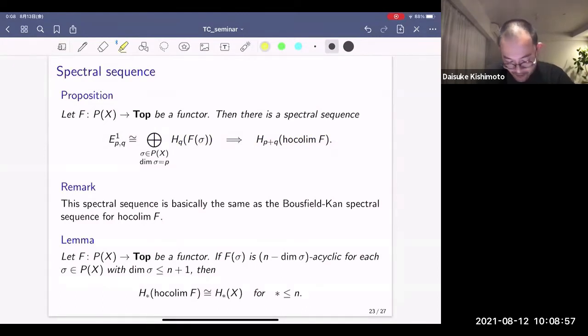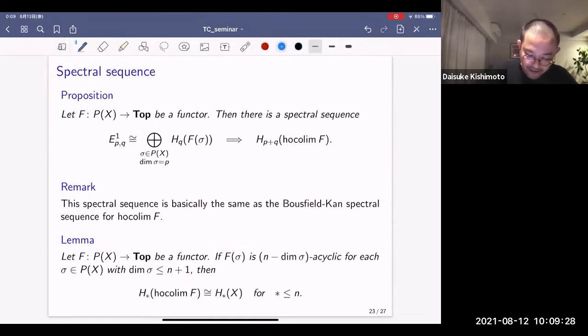Let F be a functor from Px to Top. If F(sigma) is (n minus dimension sigma)-acyclic for any sigma in Px with dimension less than or equal to n plus 1, then the homology of hocolim F is isomorphic to the homology of X in dimension less than or equal to n.